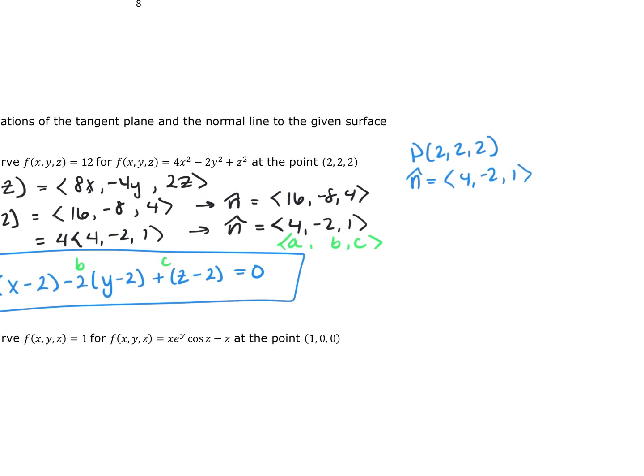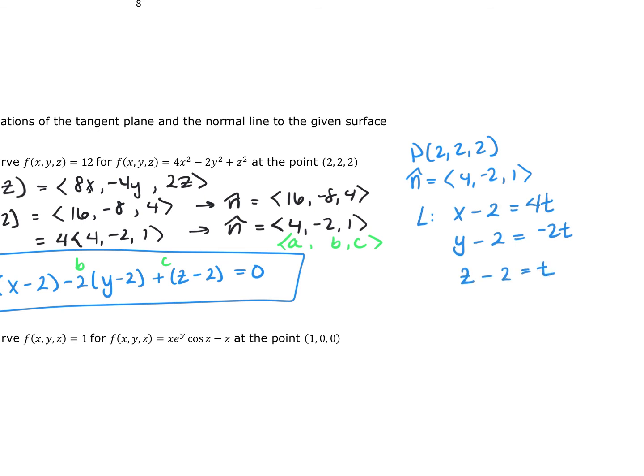Then the way that I can write my normal line is with the parametric. Do you remember the parametric? So x minus 2 is equal to 4t, y minus 2 is equal to -2t, and z minus 2 is equal to t.